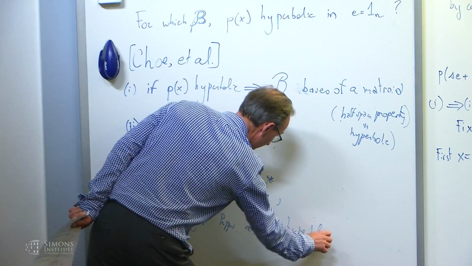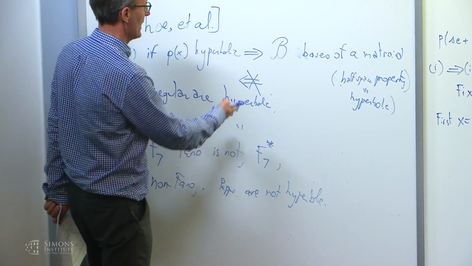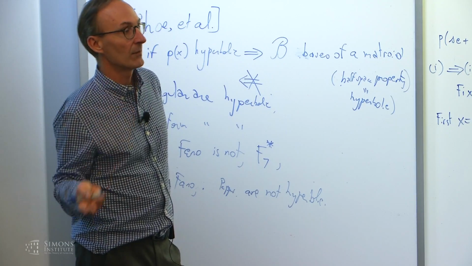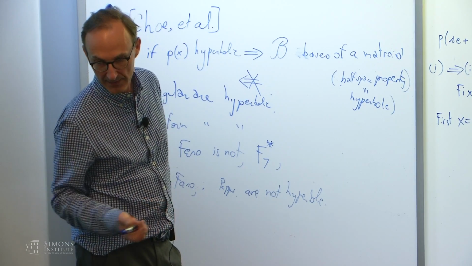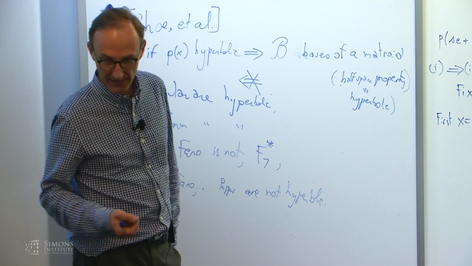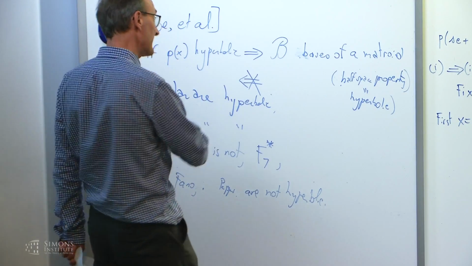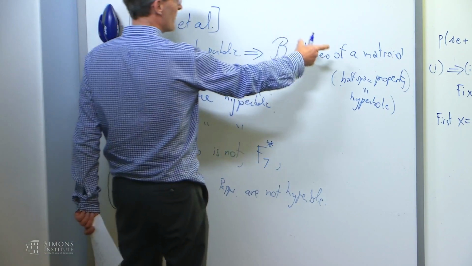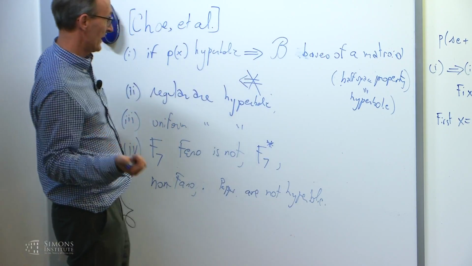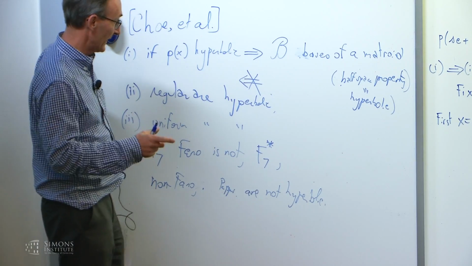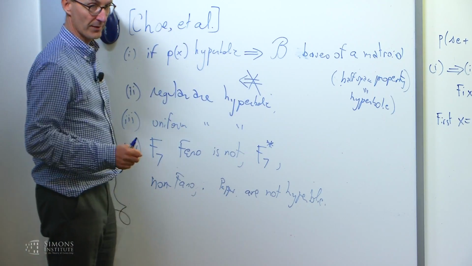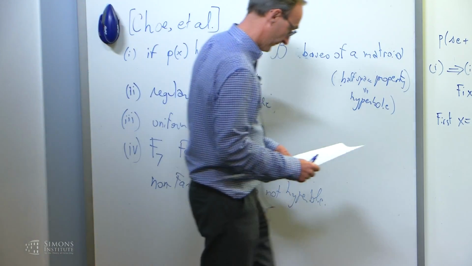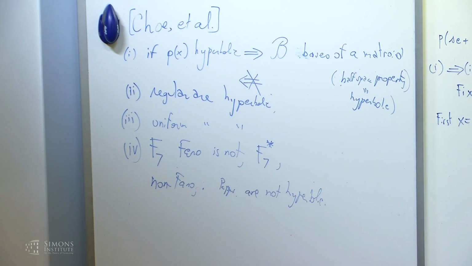So hyperbolicity does not characterize matroids, and I guess Nima might be talking about the right characterization. Nima, in joint work with Cheyenne and others, will show the right property for characterizing matroids. So I don't want to talk too much about this.